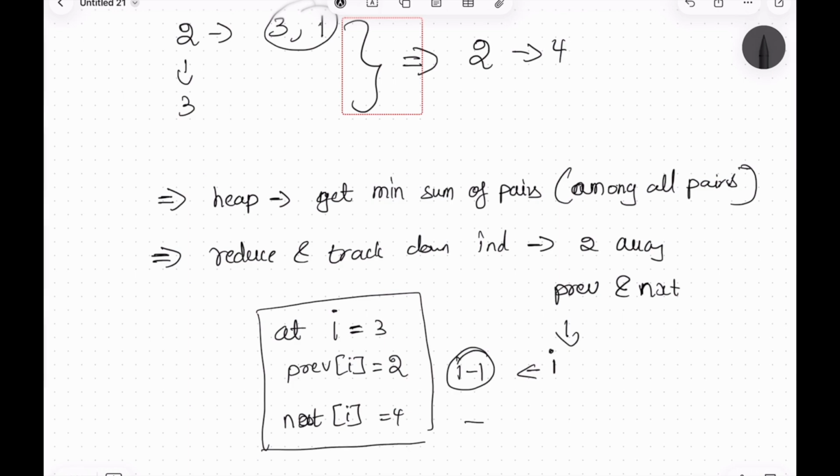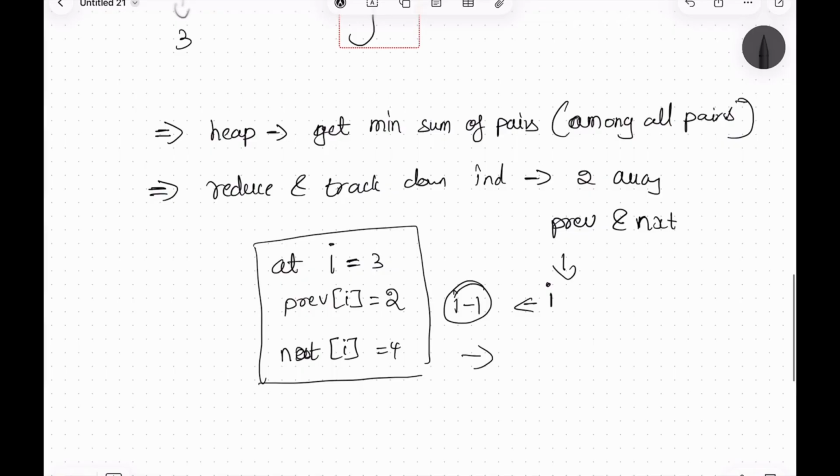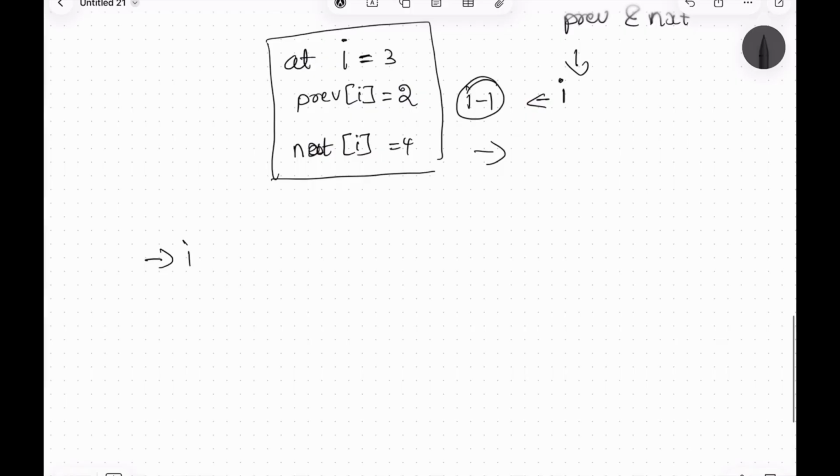So at this point, this looks like a doubly linked list, right? So we will be using this to track down the indexes for reducing the index and replacing it with the sum value, and we will be iterating by finding the number of unordered pairs.